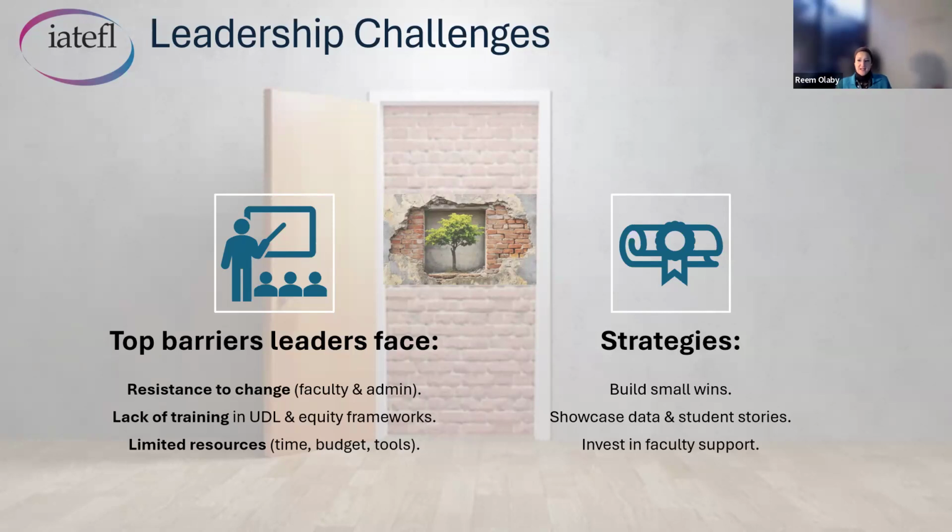Lived experiences, in order to make a compelling case that change is important, change is necessary. You can always invest as a leader in faculty support, trainings, mentoring, recognition, because all of these supporting activities do go a long way in sustaining reform.